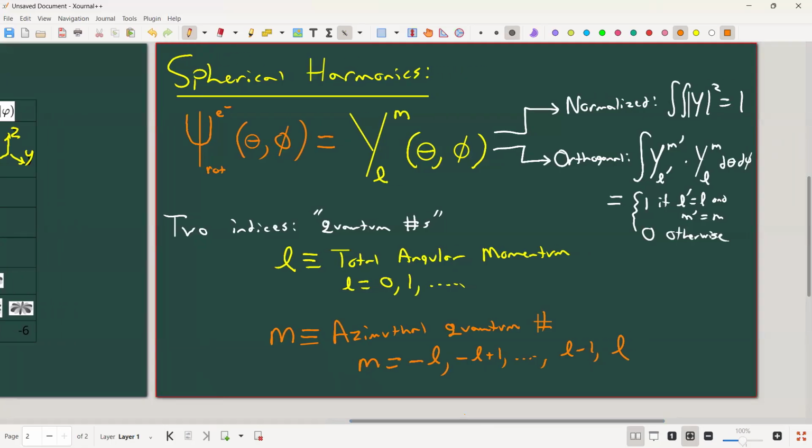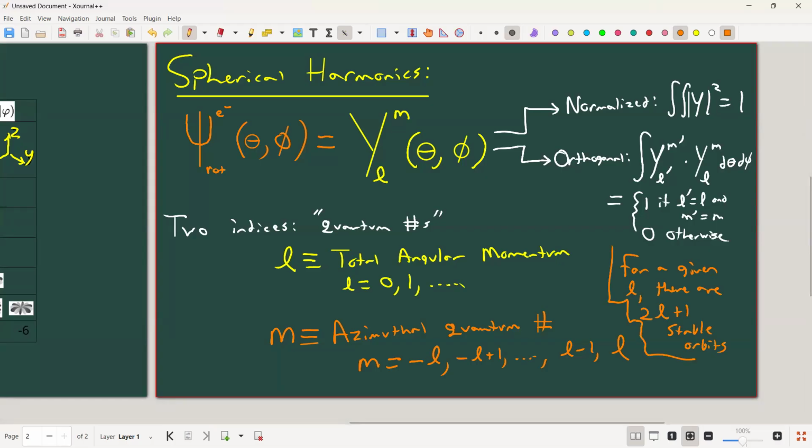So we can say that for a given L, there are 2L plus 1 stable orbits. We're going to see that 2L plus 1 number come up a lot in this class. It's a really, really useful relationship.